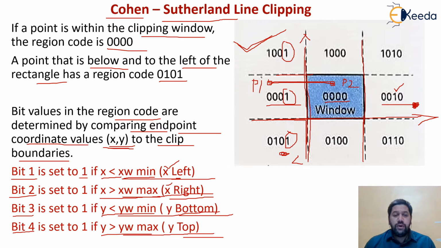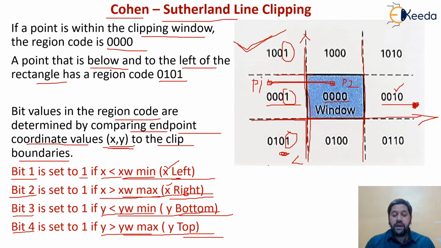Now the next question you may ask is, what are we going to do after finding the endpoint code? How am I going to use it? The answer is that we use the endpoint code for the visibility test.